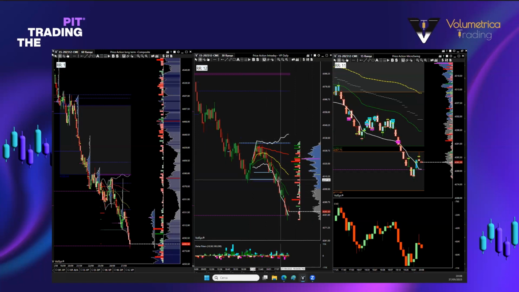And we can tell that by the volume profile building a slight distribution area exactly where the price is trading right now, which is roughly 10 points away from the low of the day, which isn't that much compared to the average daily volatility for the S&P 500.